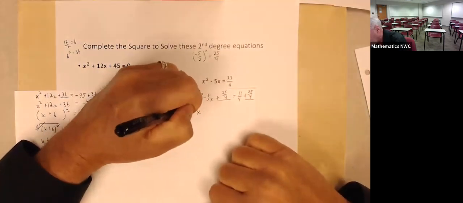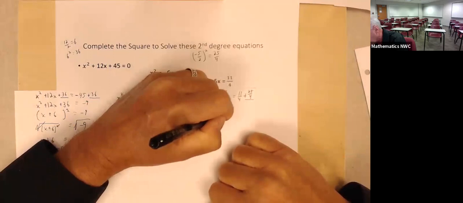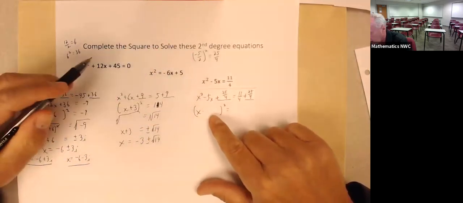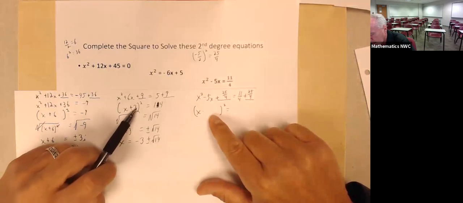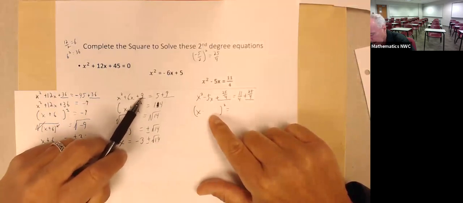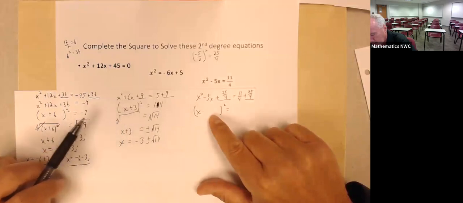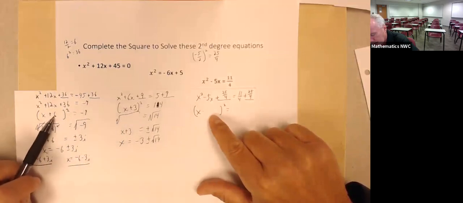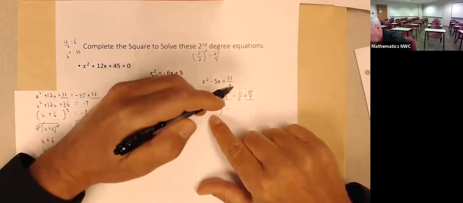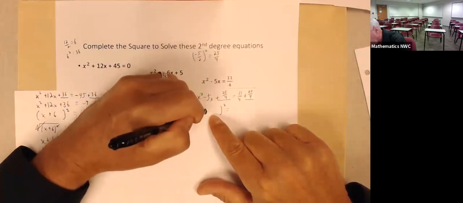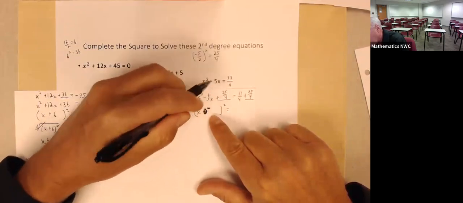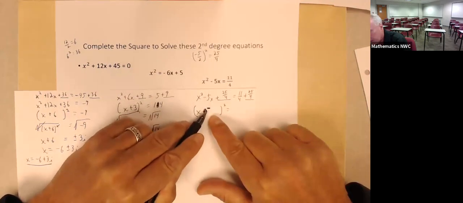Well, this might not be so obvious now what the factors are. But let's go back here once. How did I get this x plus 3? I took the 9 and took its square root. How did I get the x plus 6 here? I took this 36 and took its square root. So what am I going to put in here? My sign is negative because this is a negative number.